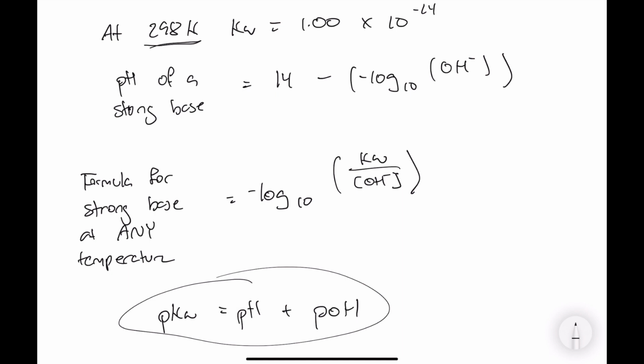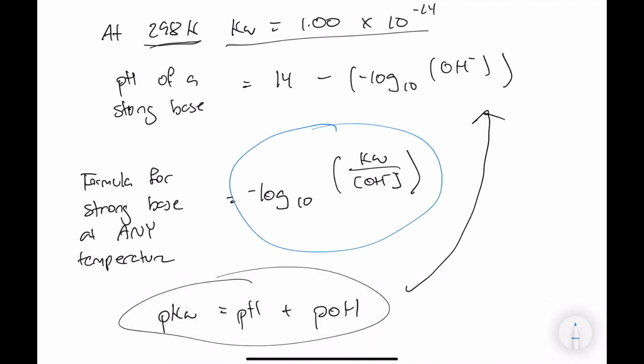So if you put Kw in negative log 10, you get 14. So then pH is 14 minus pOH. So that's actually the explanation for this formula, but I recommend using the other formula over that one because that one will always work.